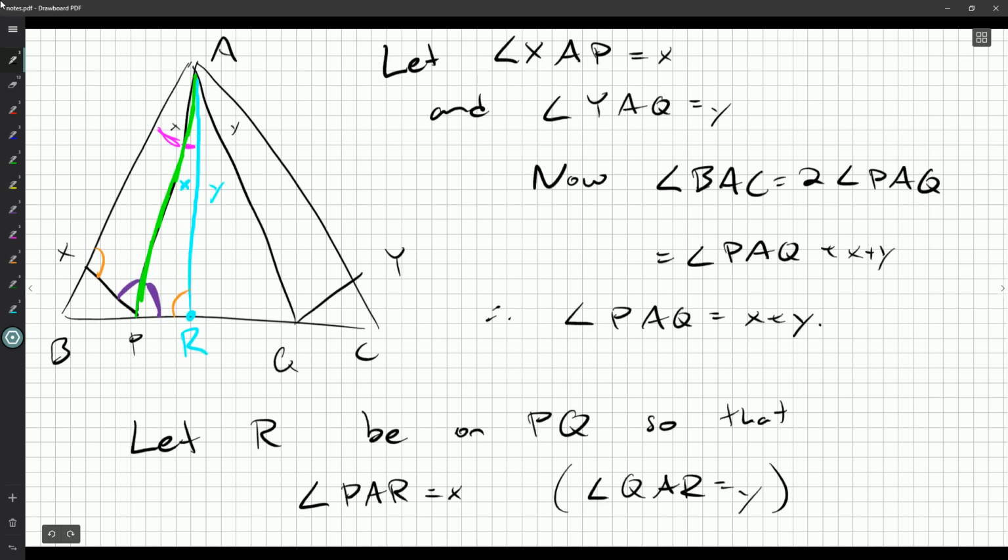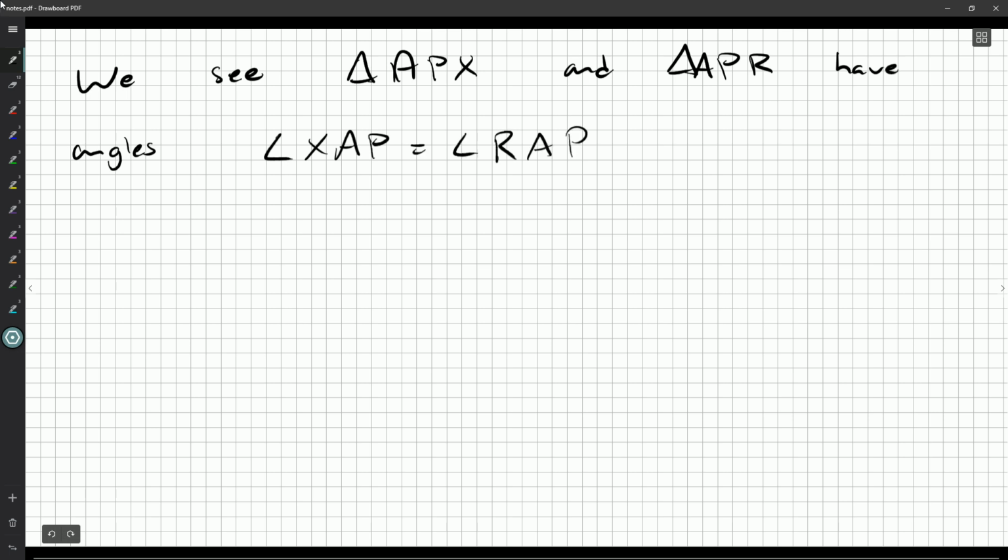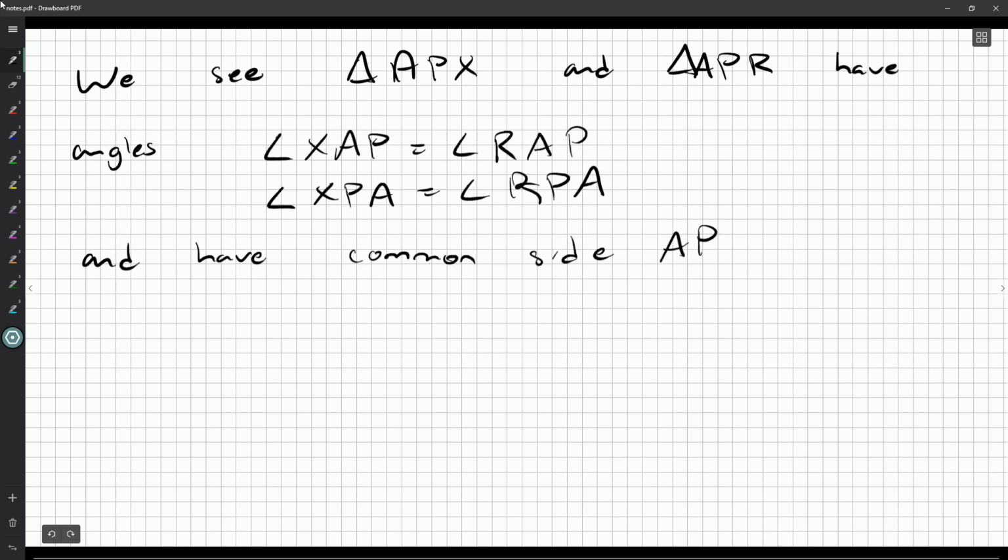So we see triangle APX and triangle APR have angles XAP equal to angle RAP, and angles XPA equal to RPA, and have common side AP, so they are congruent.